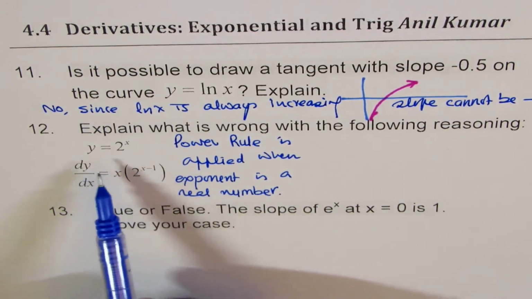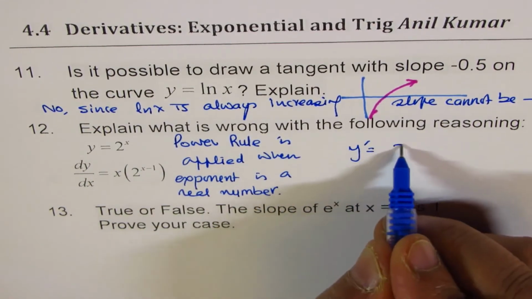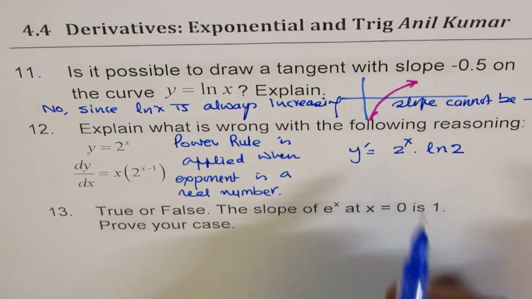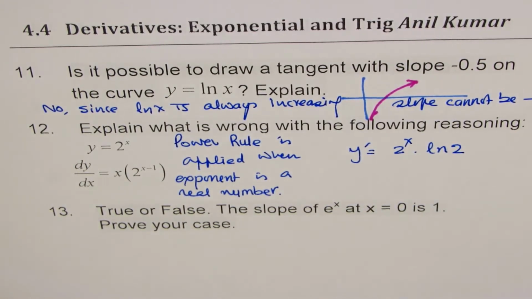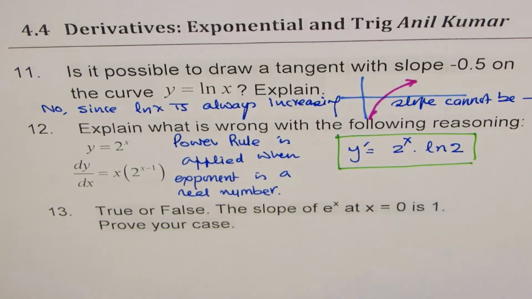Okay, so what will be the derivative? Well, the derivative of this function will be 2 to the power of x times ln 2, right? So that is going to be the derivative of this function, not what is mentioned there, correct?